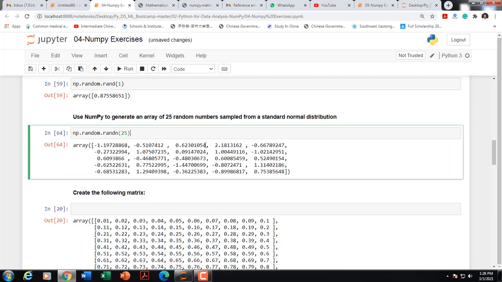So the np.random.randn command over here, we have specified the number of elements that we need. So Python has created this 5x5 matrix for us, and these numbers are sampled from a standard normal distribution. A normal distribution has numbers that range from 0 to 1. So yeah, this will pass, I believe.